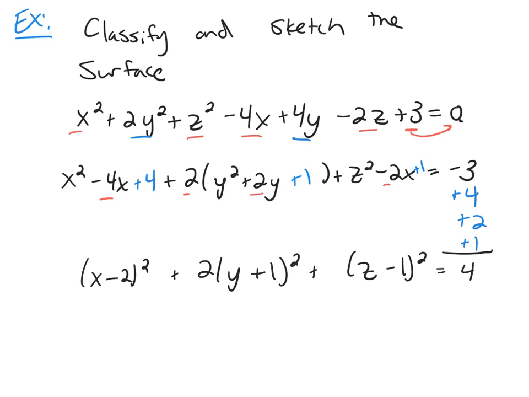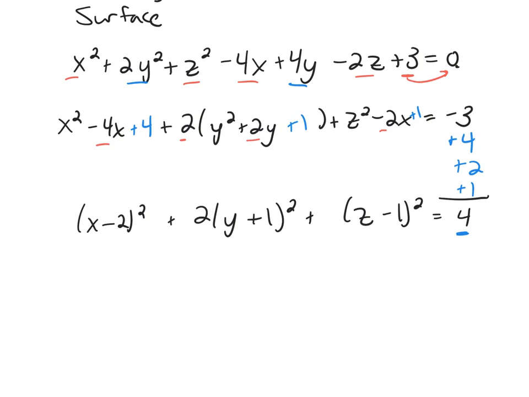Now I need this number over here to be a 1, so I'm going to divide everything by 4. Y plus 1 squared, when I divide by 4, it'll become a 2 there because I had a 2 in the front.